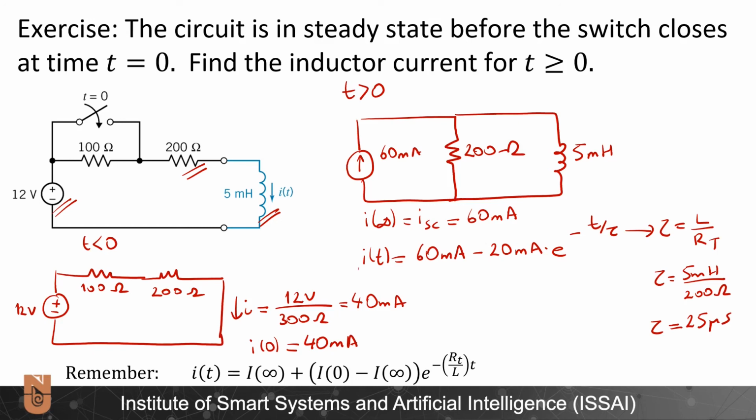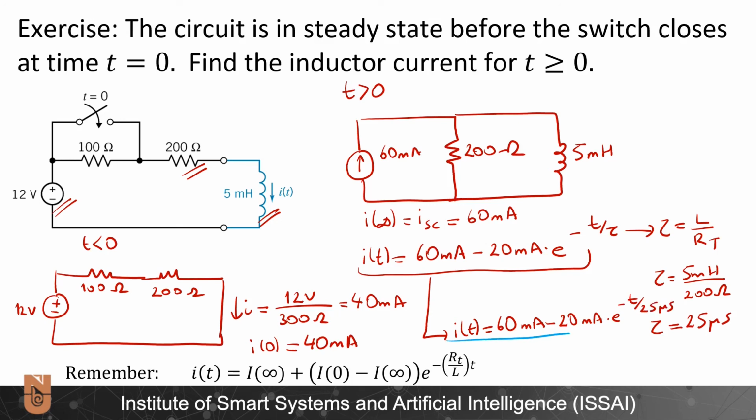Therefore, I can write this expression as I(t) is equal to 60 milliamperes minus 20 milliamperes times e to the minus t over 25 microseconds. This is my final expression for this question.